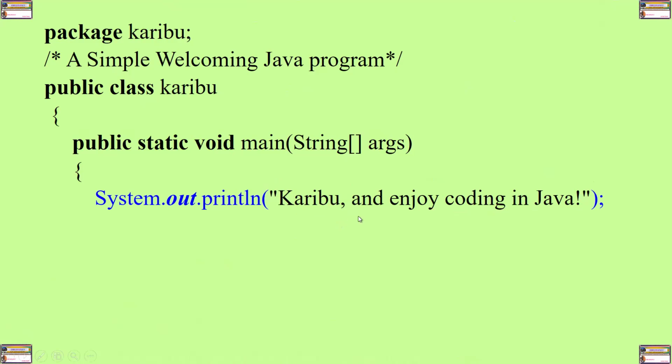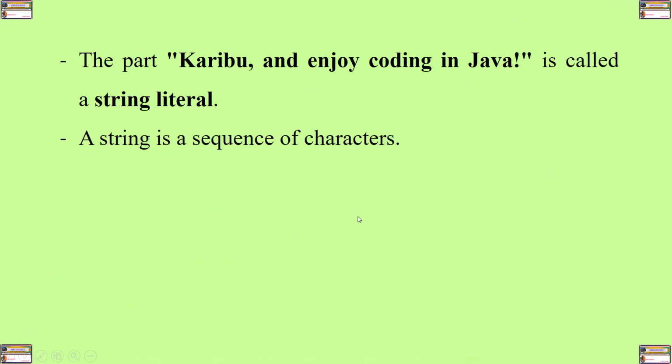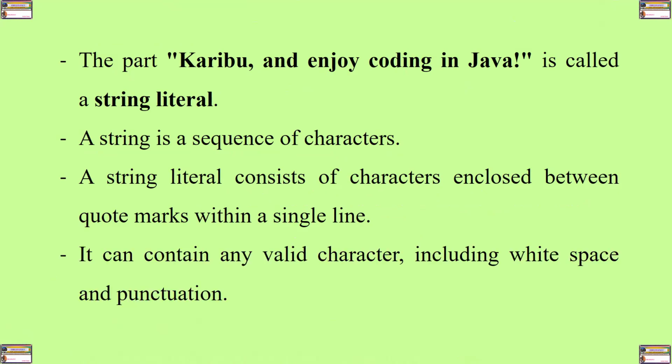A string is a sequence of characters. A string literal consists of characters enclosed between quotation marks within a single line. It can contain any valid character, including white space and punctuation.